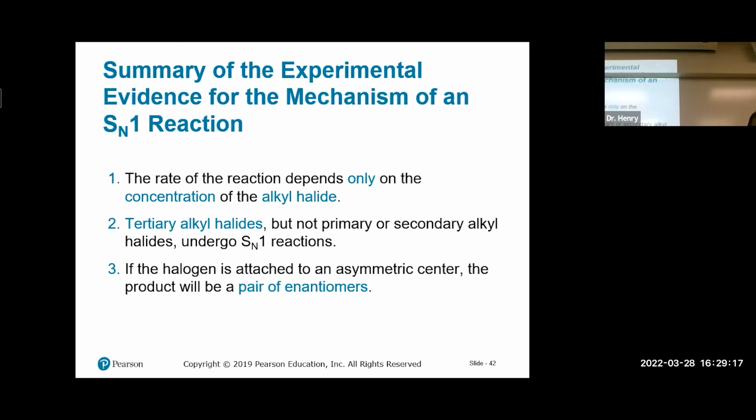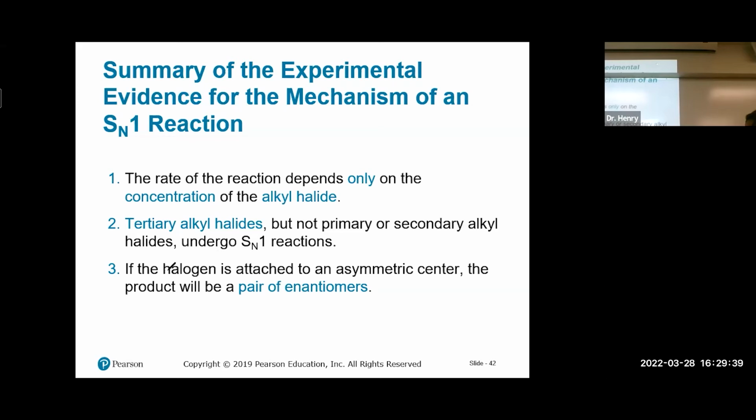So this is just a summary of the experimental evidence for an SN1 reaction. The rate of reaction is only dependent on the concentration of the alkyl halide. That was the reason tertiary alkyl halides, but not primary or secondary alkyl halides, undergo SN1.